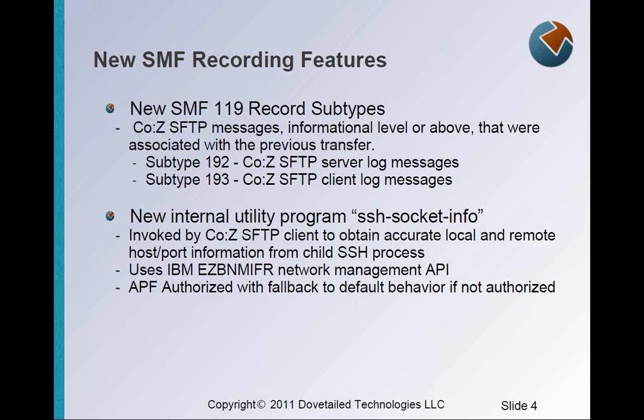We introduced this program because we were using a best guess estimate for figuring out this information, but it wasn't always completely accurate. So we wanted to make sure that we had exactly correct information to put into the SMF 119 records.